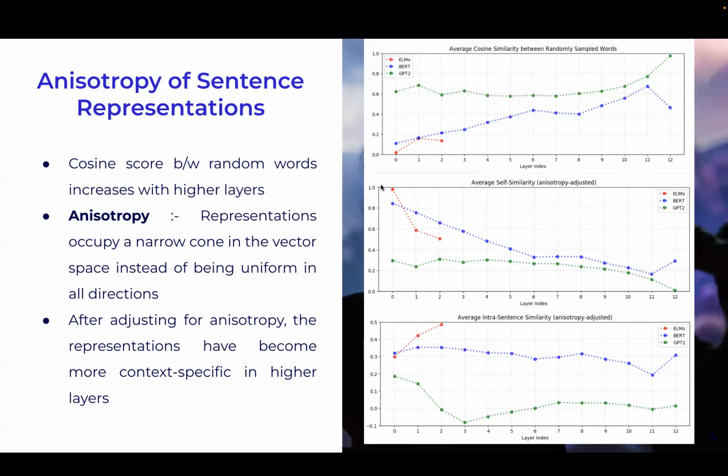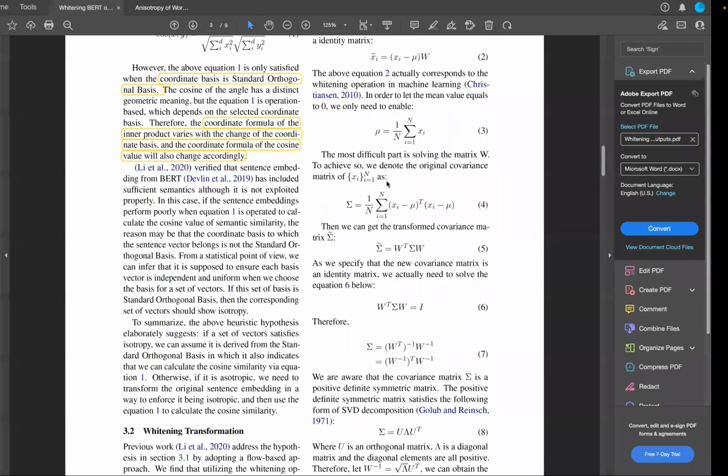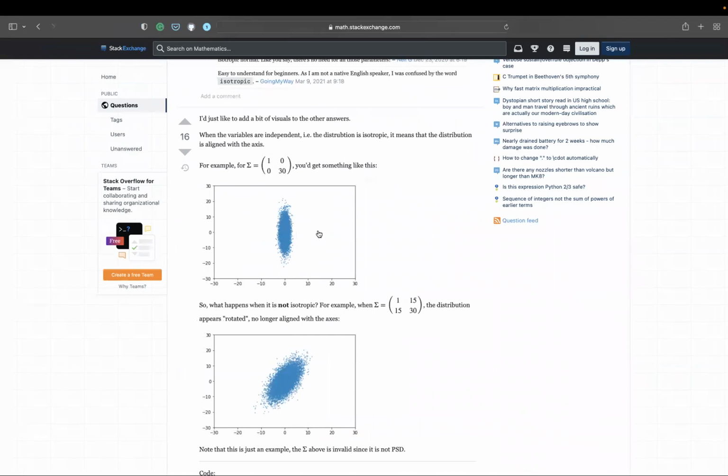Let me show you one more thing. Isotropy means the word vectors are spread uniformly in all directions. One example of an isotropic distribution is the Gaussian distribution, which has 0 mean and 1 standard deviation. If you plot it, it has a circular or spherical shape.